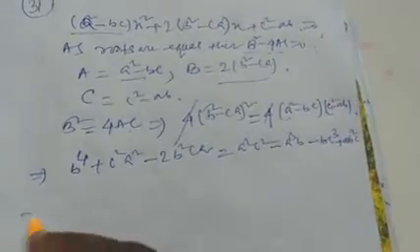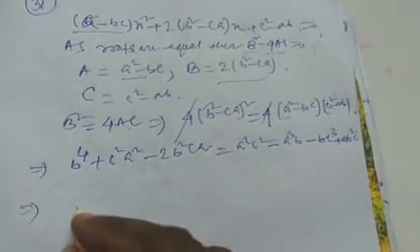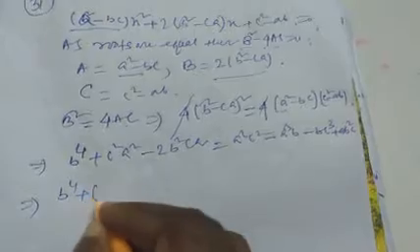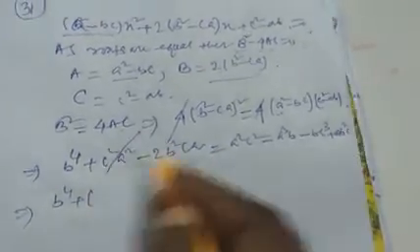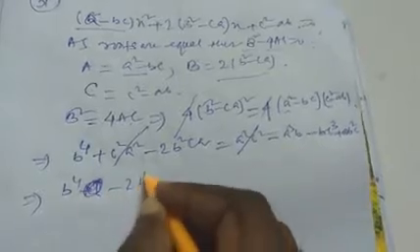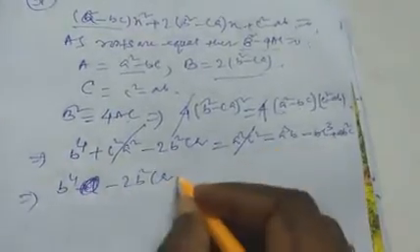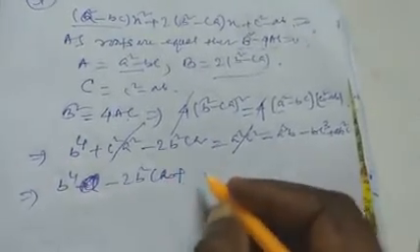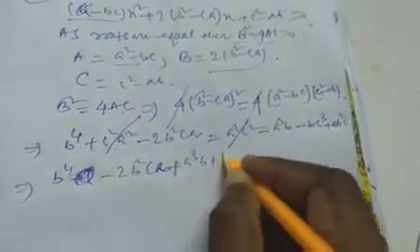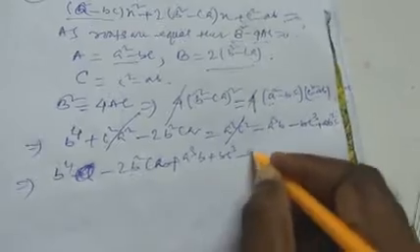Transfer all the terms from the left hand side to the right hand side. B to the power 4 and c square a square are cancelled out, so minus b square c square plus b square ca plus a cube b plus b cube c minus a b square c is equal to 0.